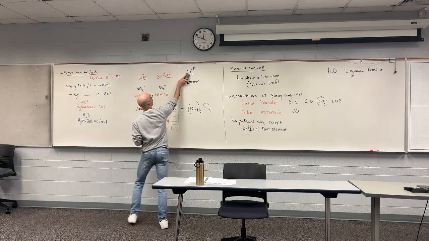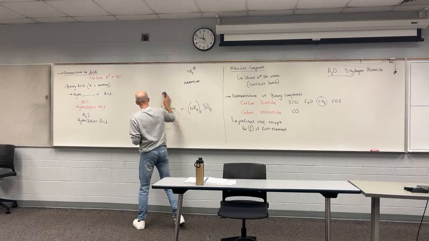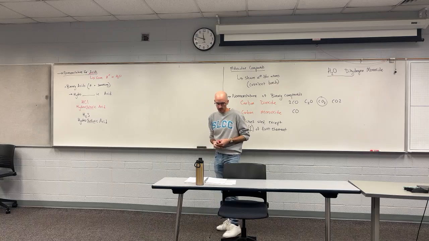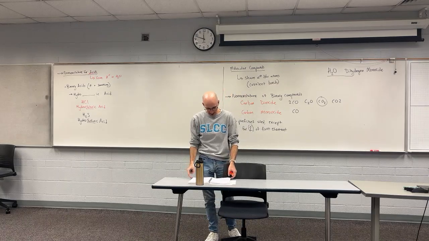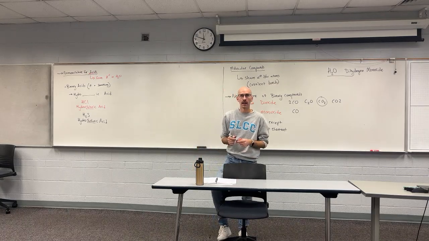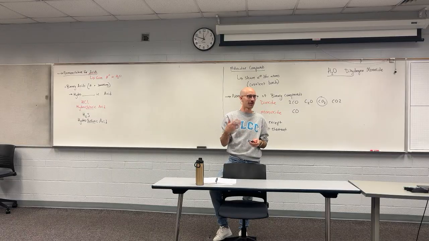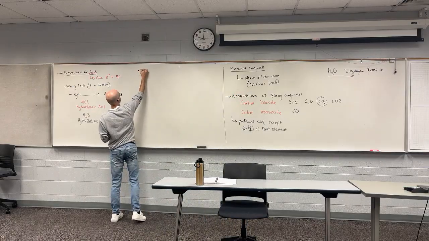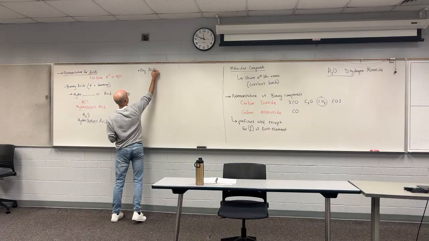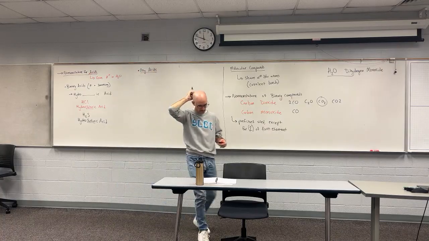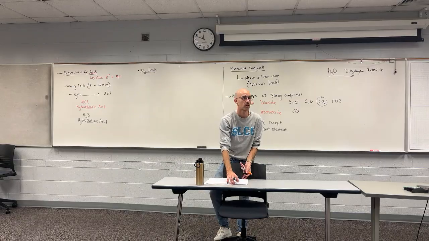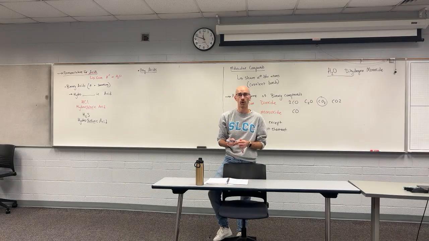The other type of acid that we have is called an oxyacid. Remember that family that I just drew on the board? Hypochlorite, chlorite, chlorate, perchlorate. Those are oxyacids, among others. And oxyacids are named a bit differently. Here we take the root, like chlorate, hypochlorite.